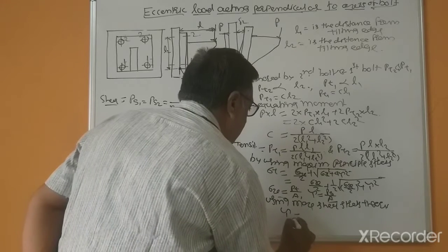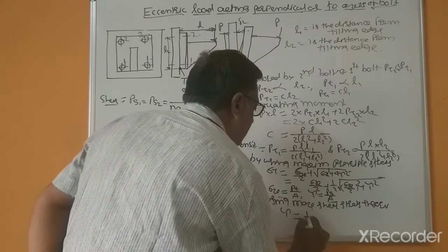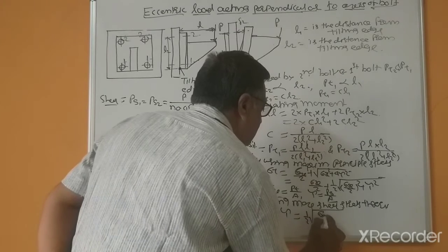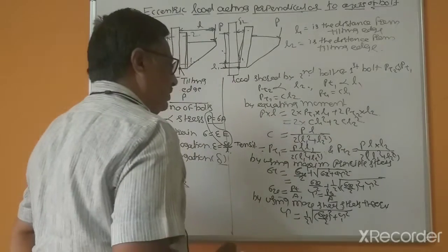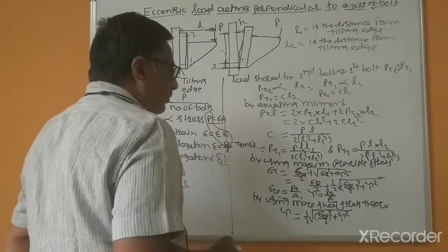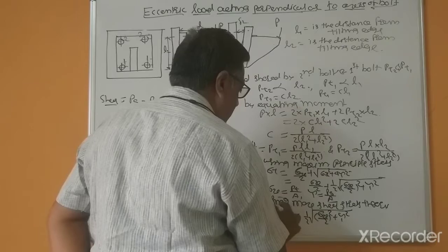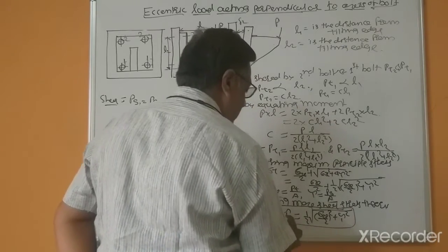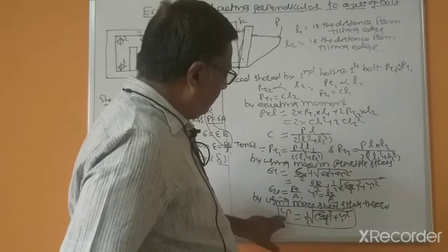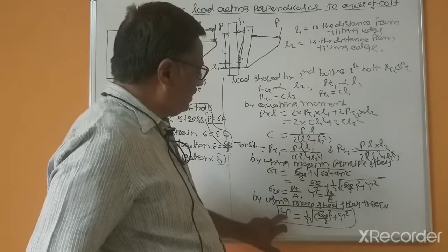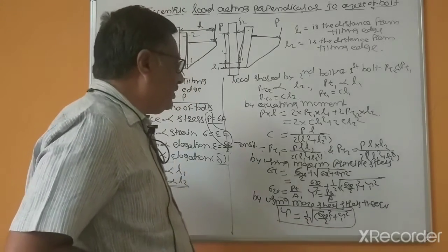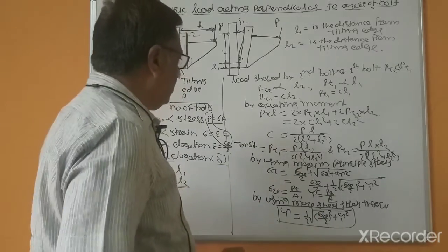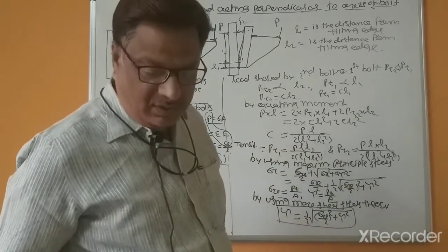Tau equal to the square root of bracket sigma x divided by 2 squared plus tau square. And you can put the value of the maximum shear stress in this equation. So you will get the area, and you can calculate the diameter of the bolt.